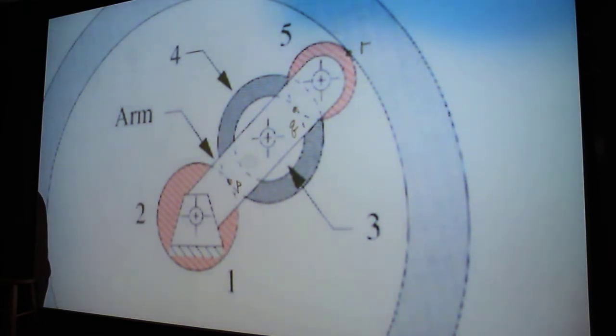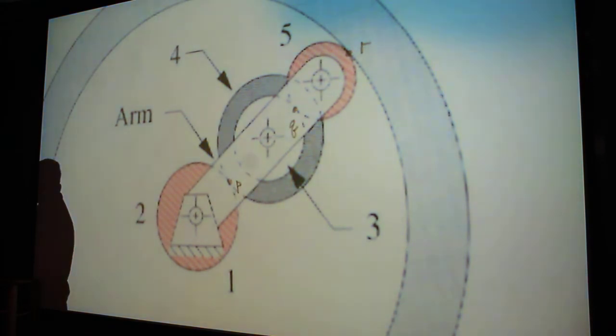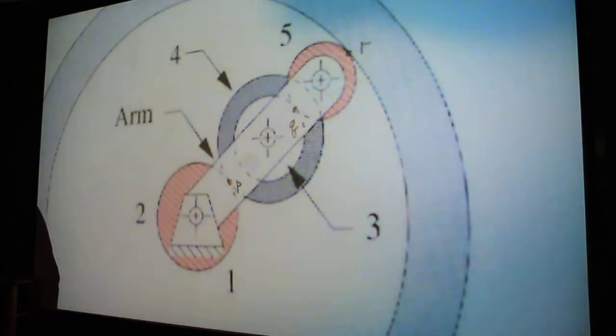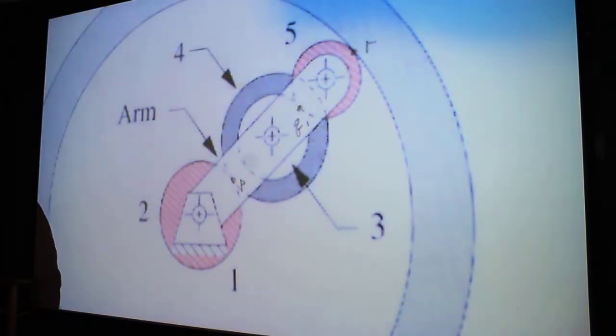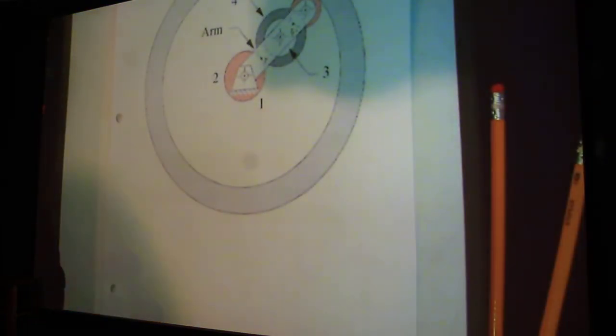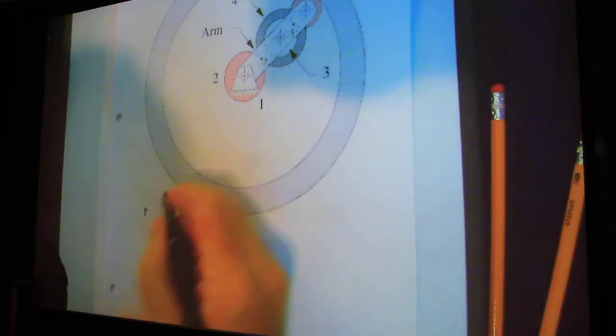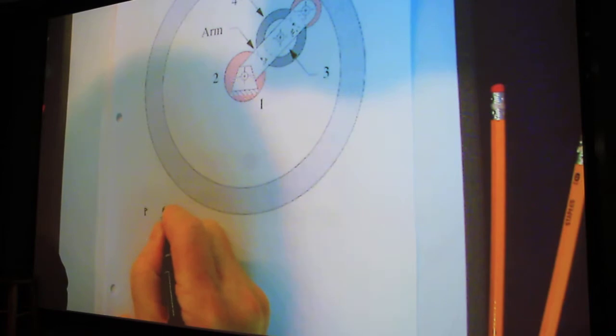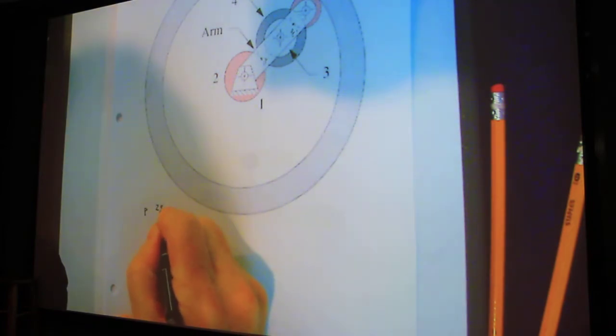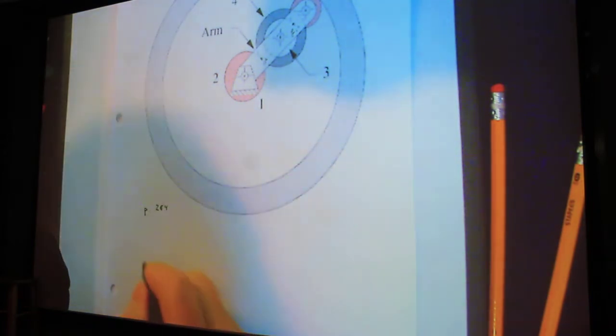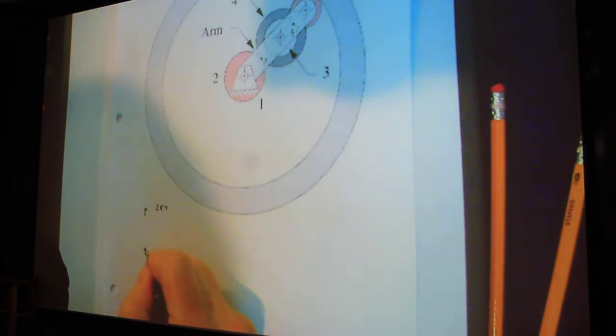Why is Q there and not at the other side of the circle? Because, all right, so let's write that out. P is at the join of 2 and 4. And Q is at the join of 3 and 5.